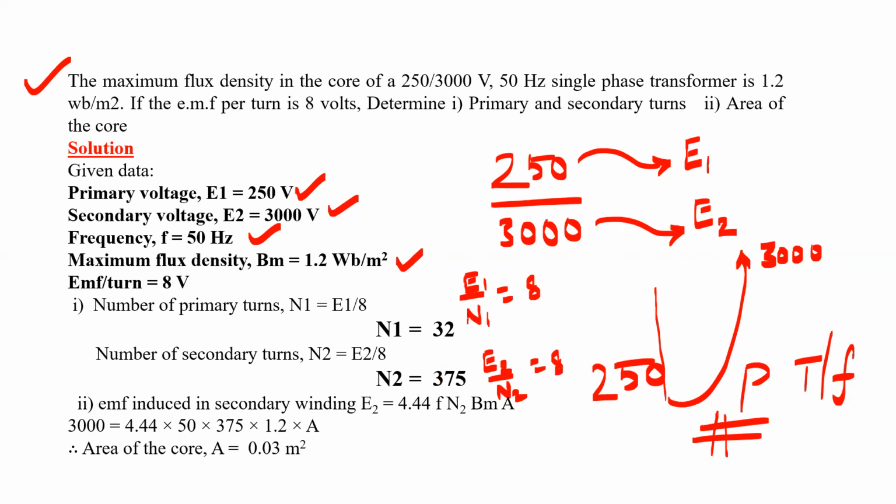When I know E1, N1 and N2, I can substitute in the second formula: E2 is equal to 4.44 f N2 Bm A. What's unknown right now is the area of the core, which you have to find. Finally, we find it's 0.03 meters squared. That's the area.